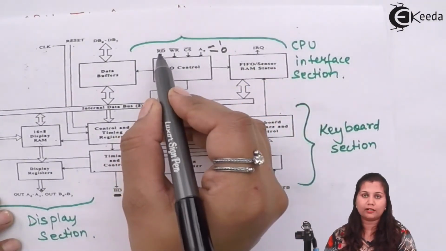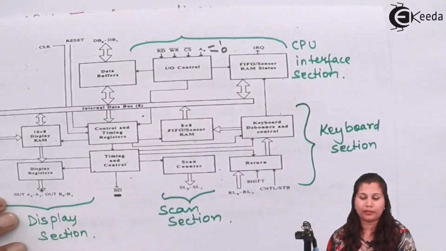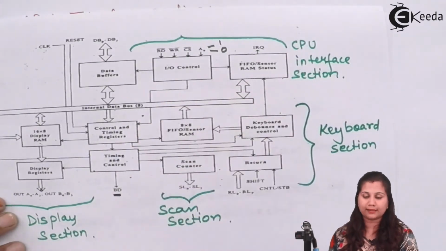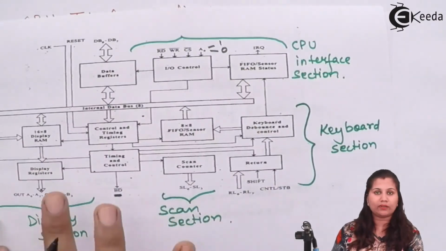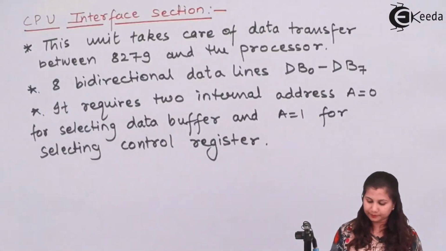Then we have the read signal for the read operation and the write signal for the write operation. CS bar is the chip select signal, which means that only when this signal is low will this 8279 work; this IC will be selected.